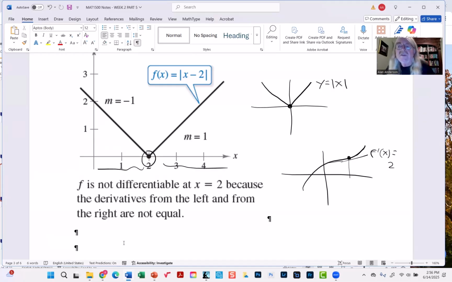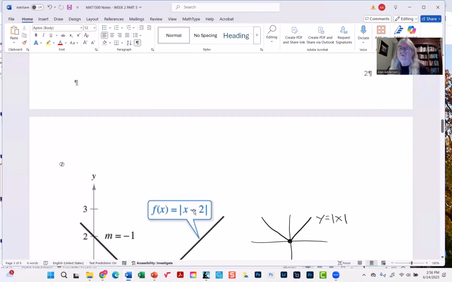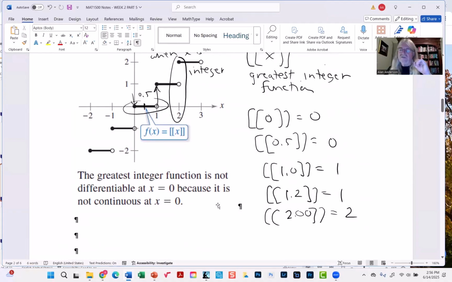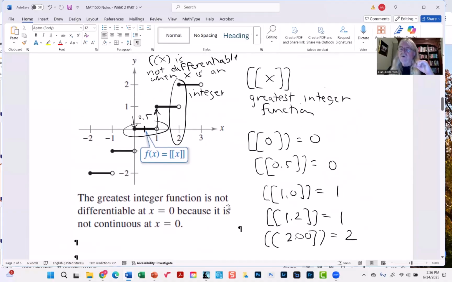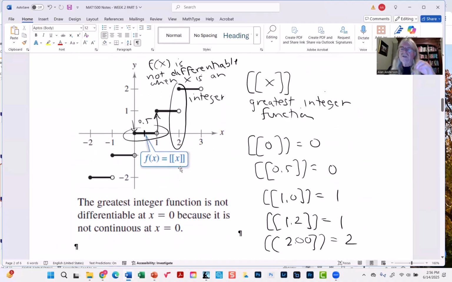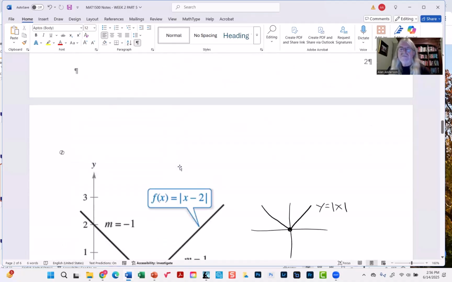So there, the derivative is defined. But when there's a sharp break like this, so that the derivatives are different on either side, the derivative does not exist at that point. So we have to keep an eye on that. It's possible that there is no derivative, or at least not at certain individual points. So these are the two main reasons why that might happen: discontinuities and sharp breaks in the graph.